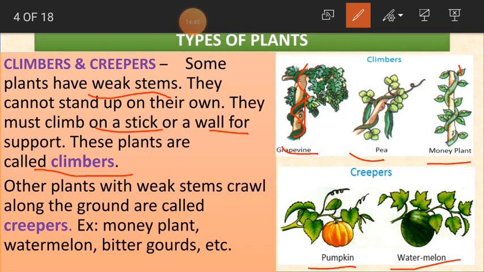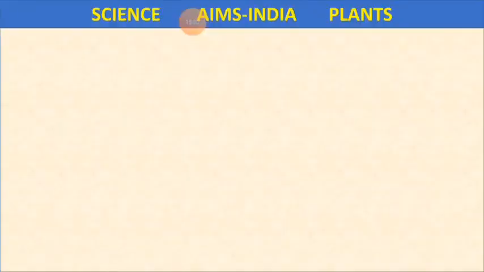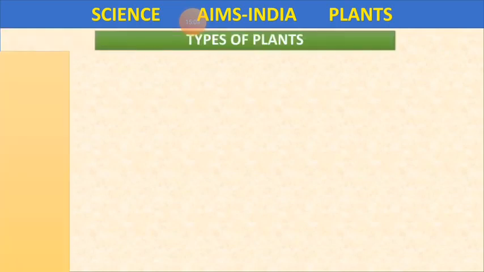These type of plants are called creepers. What do we call them, children? Creepers. Yes, understood? So here again, money plant, we can take as an example, a climber and also a creeper.